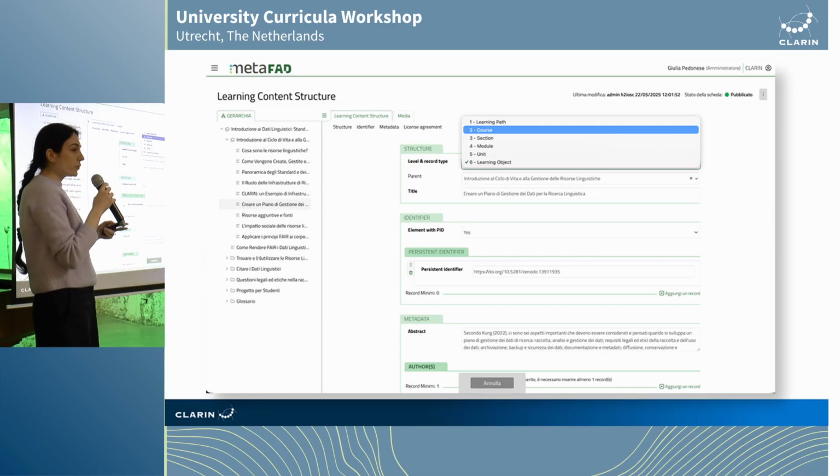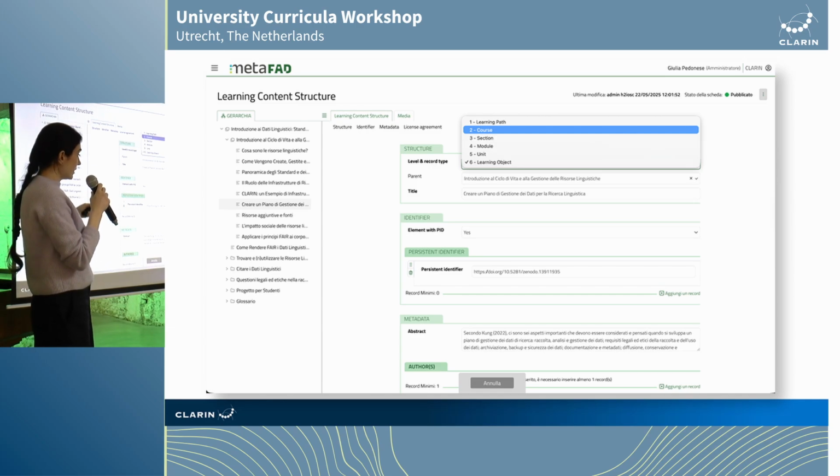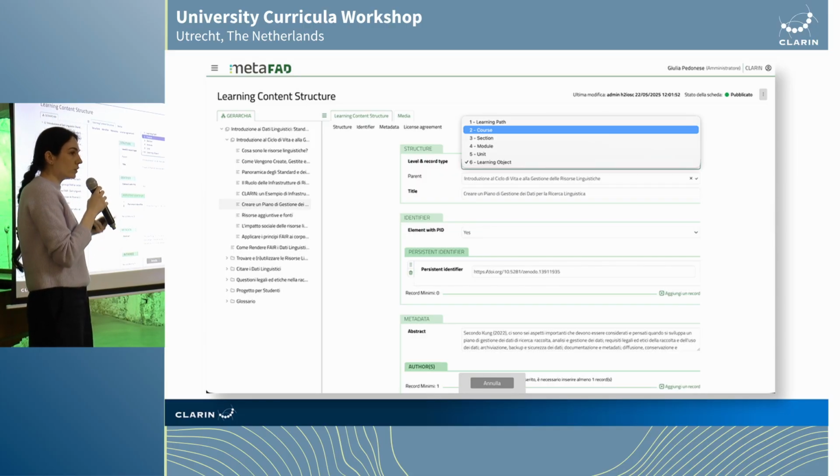So basically, both platforms use this metadata schema for 2 different types of digital objects. The first being e-learning courses, and the last one, this one specifically, being training materials for teachers. So one is for students to learn, the other is for teachers to reuse.